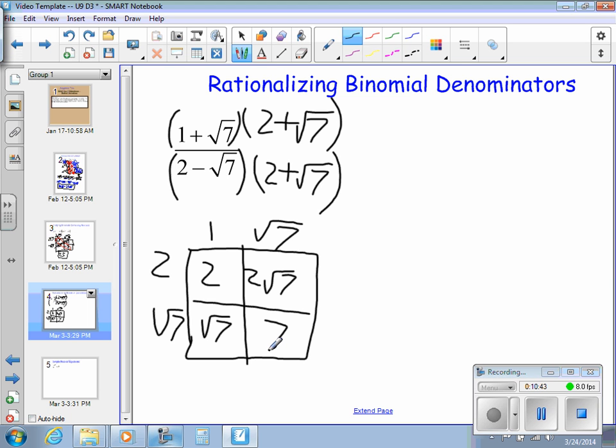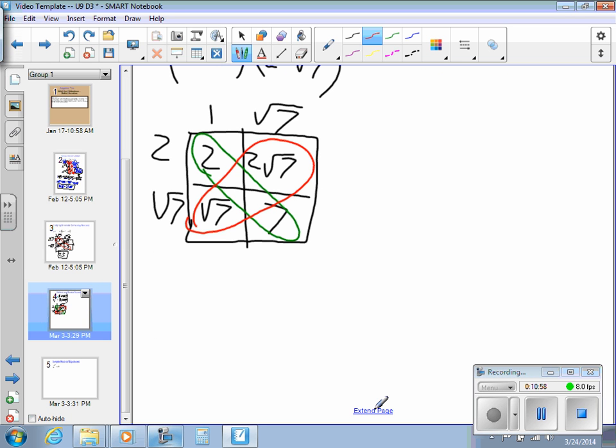So now what I'm going to have, these two have no radicals, so I'm going to combine them. These two are radicals, so I'm also going to combine them. So I'm going to get 2 plus 7 is 9, plus the square root of 7 plus 2 times the square root of 7 will give me 3 times the square root of 7.